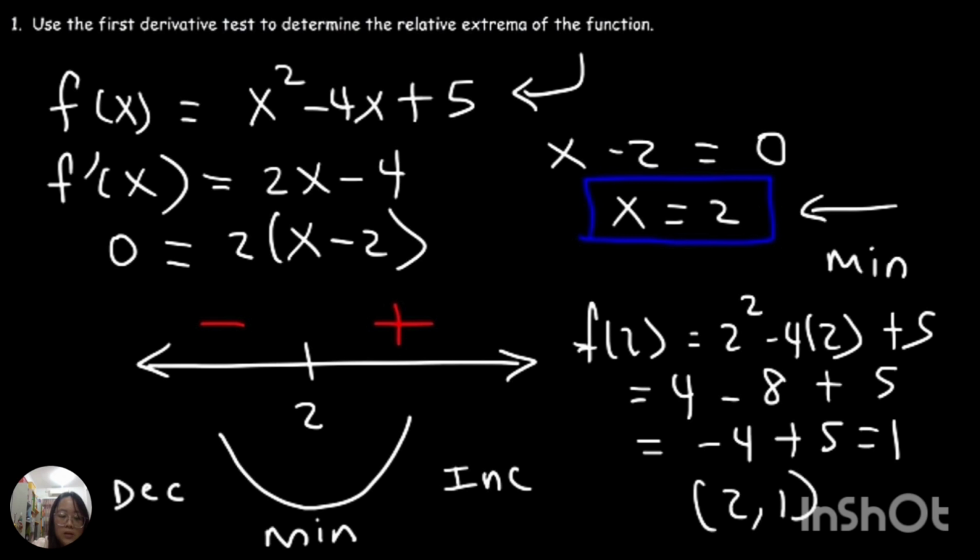So x squared becomes 2x, and 4x becomes 4, minus 4, and the 5 becomes 0. So the result will be 2x minus 2, and the solution for x is 2.